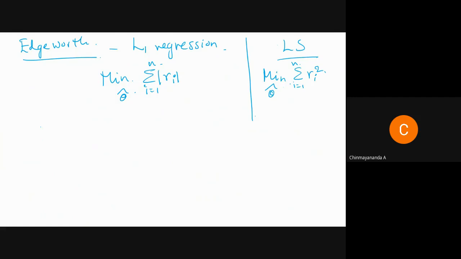So there were some problems with this estimator also. One is that this will give you the median as the output in the one-dimensional case.